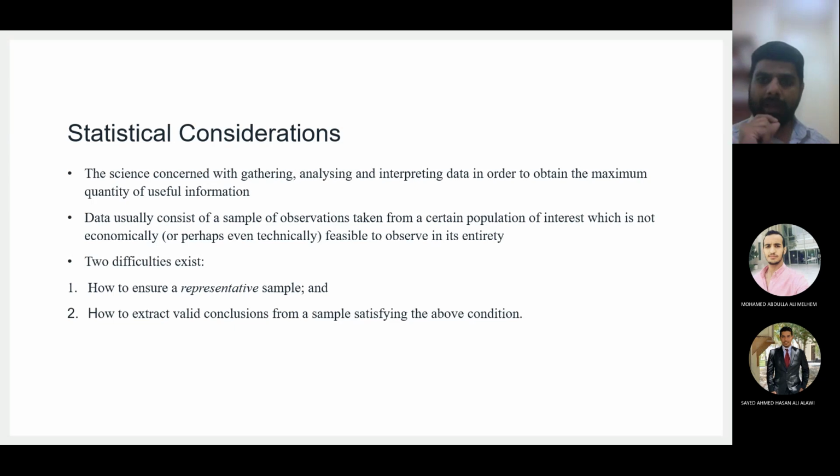One of you may come up with, for example, 40% data for Bahrainis and 60% data of non-Bahrainis. The actual population of Bahrain may be 50-50%. So the data which you are gathering is not a true representation of the population of Bahrain.